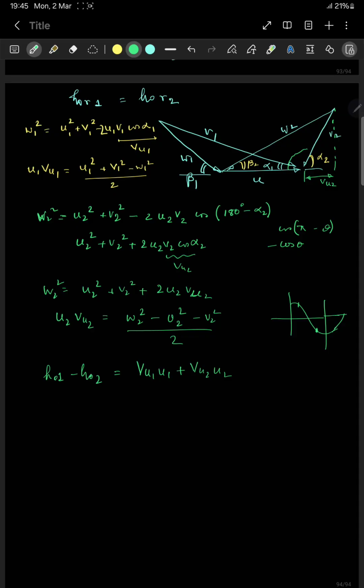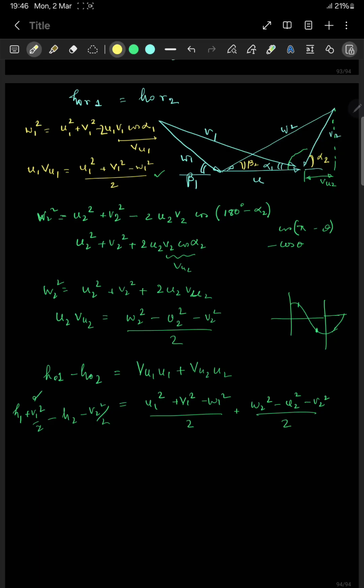So if we substitute these values, vu1 u1 is u1 square plus v1 square minus w1 square by 2, plus w2 square minus u2 square minus v2 square divided by 2, and h01 is h1 plus v1 square by 2, this is h2 plus v2 square by 2.